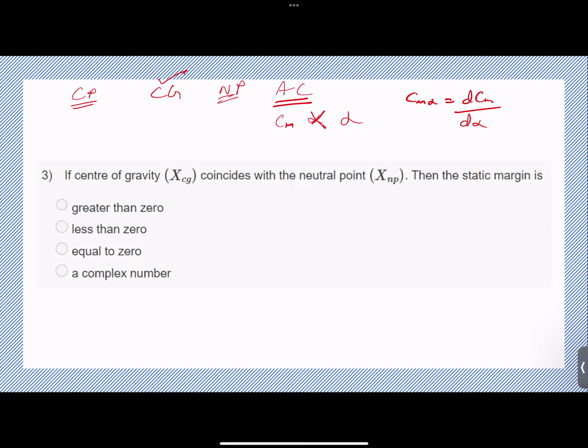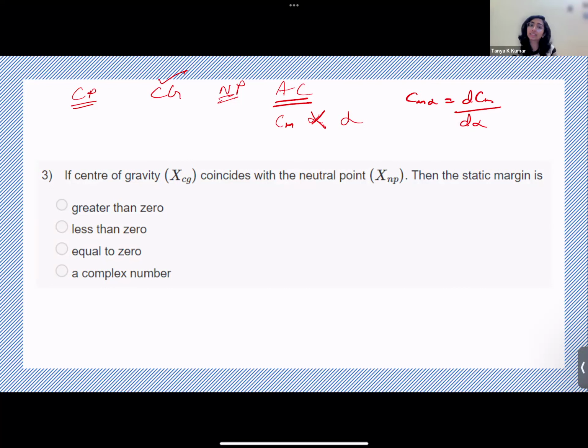I think it is where the restoring moment is not generated. If we give a disturbance, the restoring moment is not generated and it will remain at its position. That is the same for aerodynamic center. The difference is that aerodynamic center is for just one wing cross section, just an airfoil or the wing.